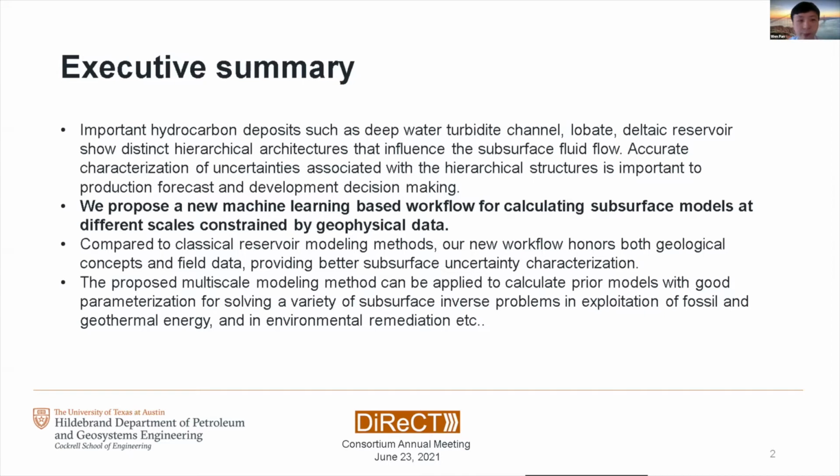at different scales. So therefore, to incorporate those hierarchical structures into our reservoir modeling workflow, we propose a new machine learning-based workflow to calculate those multi-scale architectures and also populate those architectures with our petrophysical properties.